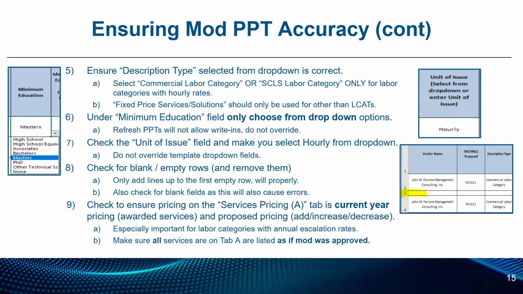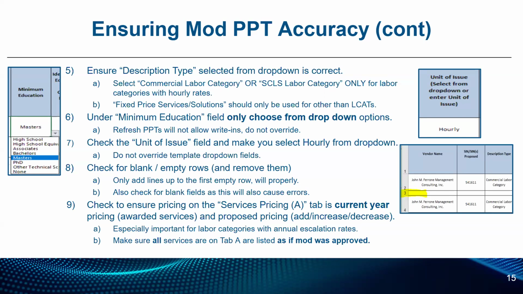Okay, as we continue on, you want to make sure, again, with the mods, that your description type is accurate. Please remember, if you have a commercial labor category, that means it's either professional or anything that's not SCLS, you use the commercial labor category dropdown.